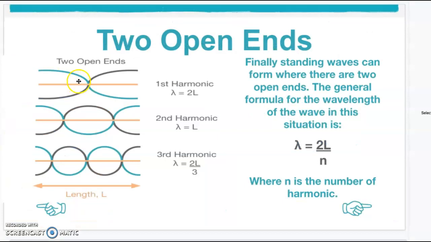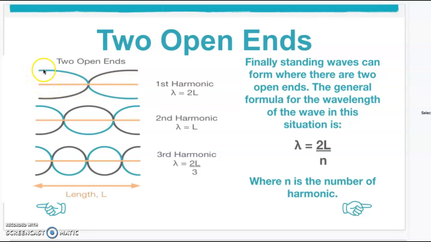So let's have a look at the same thing, but this time for two open ends. Very similar, because if we look at the length of our standing wave, let's see what the relationship between this length and a full wavelength is.